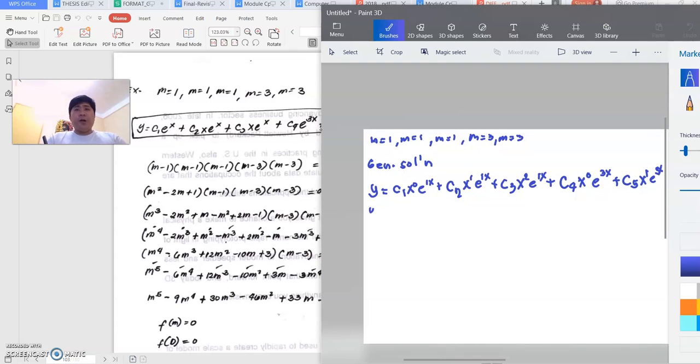Therefore, our general solution is c sub 1, this becomes 1, e raised to the power of x, plus c sub 2 x e raised to the power of x, plus c sub 3 x squared e raised to the power of x, plus c sub 4, that is 1, e raised to the power of 3x, plus c sub 5 x e raised to the power of 3x. So I think we have the same answer.